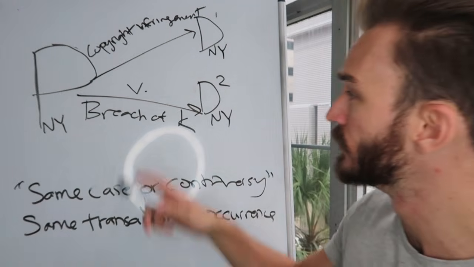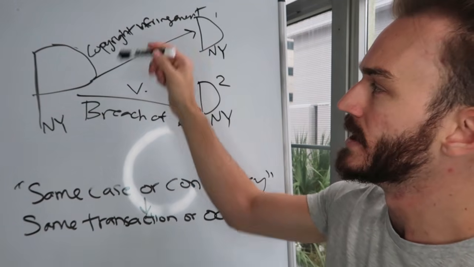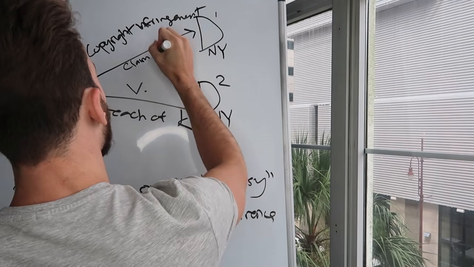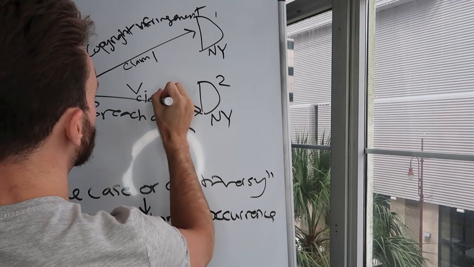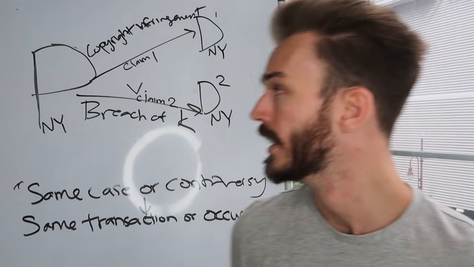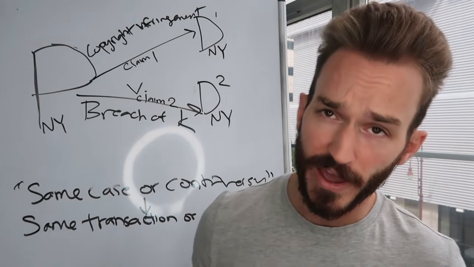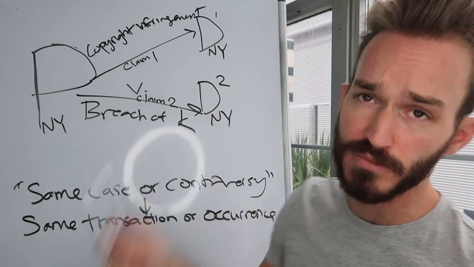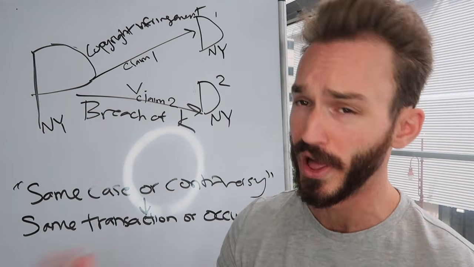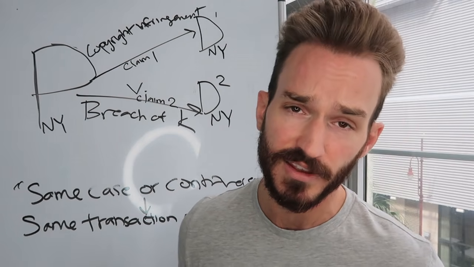So the question is, we know that and we can label these claim 1 and claim 2. So we know that the federal court is going to have federal question jurisdiction over claim number 1. Copyright infringement arises under federal law. It's being pled on the face of the plaintiff's complaint.